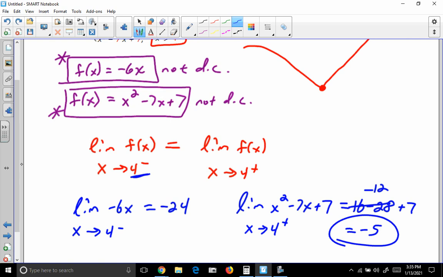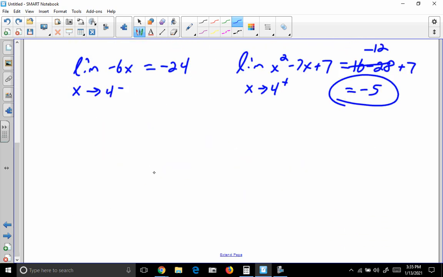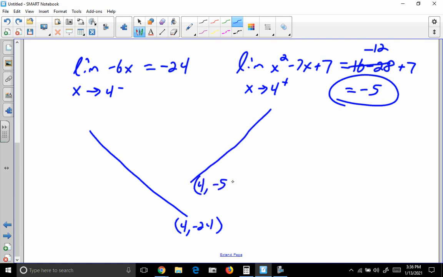So these are not coming together. From the left side, as we're getting closer and closer to 4, we're approaching negative 24. So this would be 4 and negative 24. On the right side, when we're getting closer and closer to 4 from the right side, we're approaching negative 5.